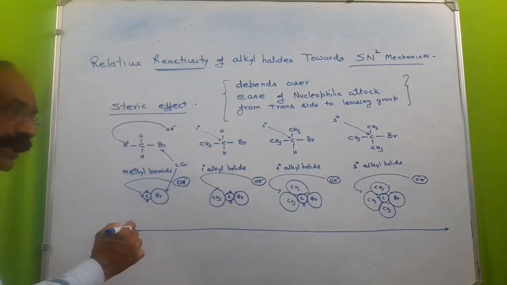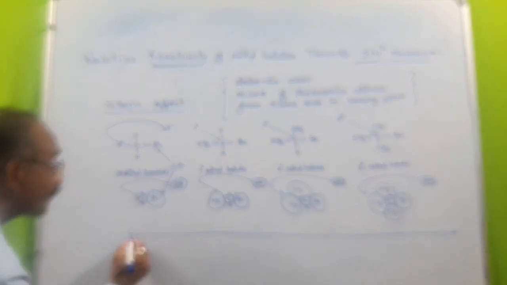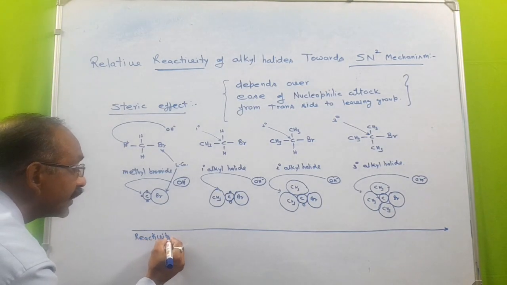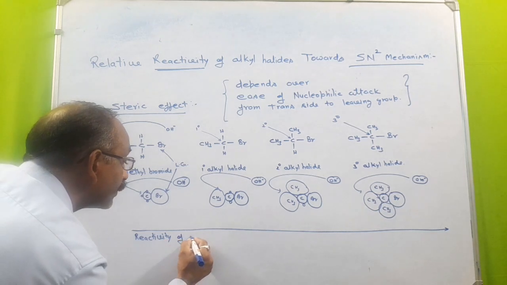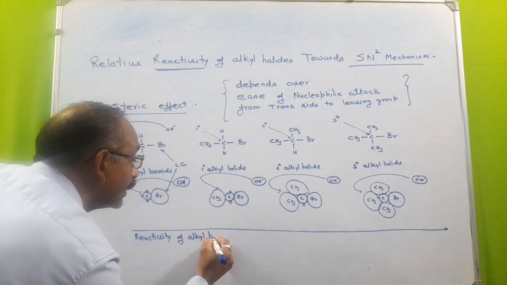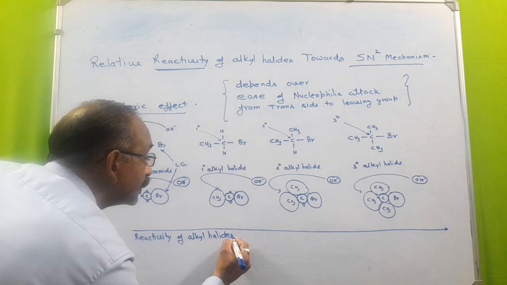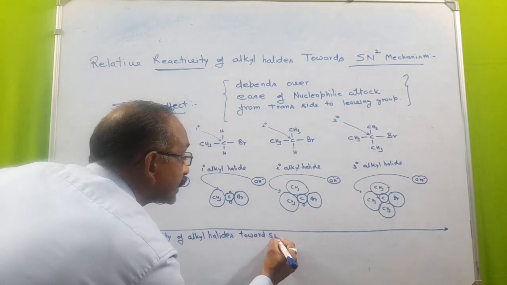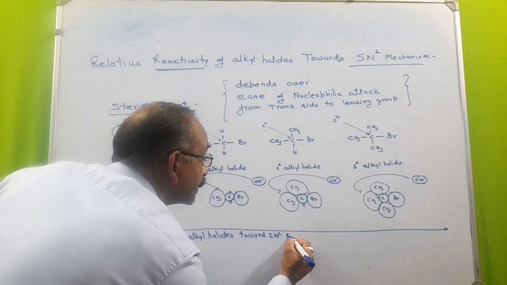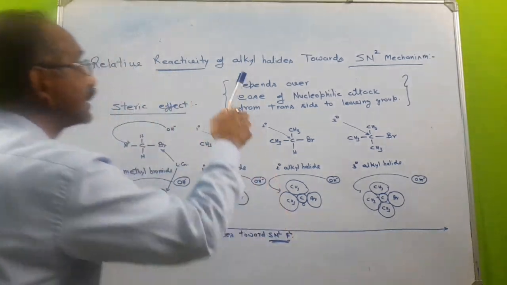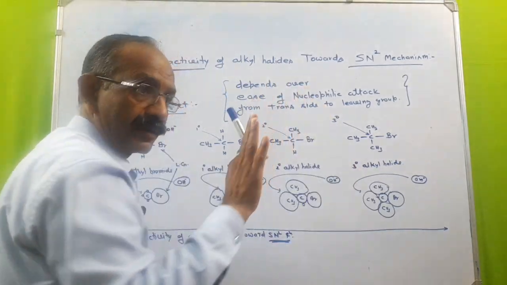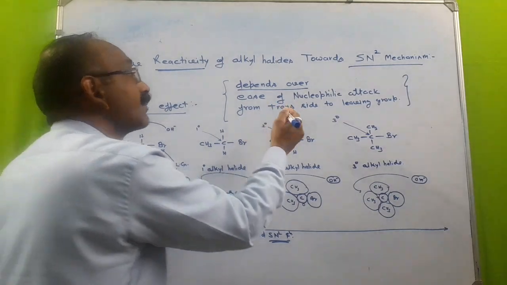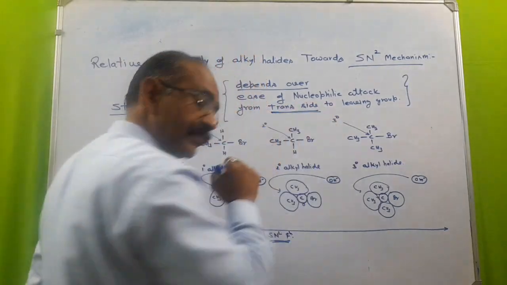So we may conclude that in this direction the reactivity of alkyl halide towards SN2 reactions decreases. As we know, in SN2 mechanism, the reactivity depends over the ease of nucleophilic attack from the trans side.